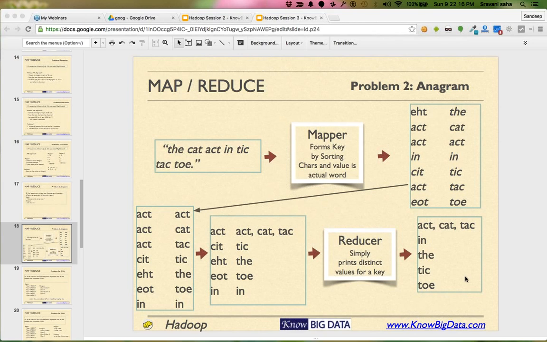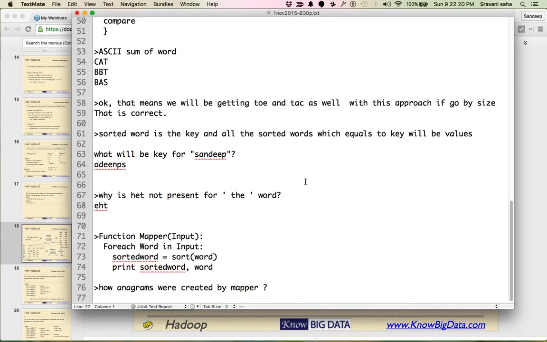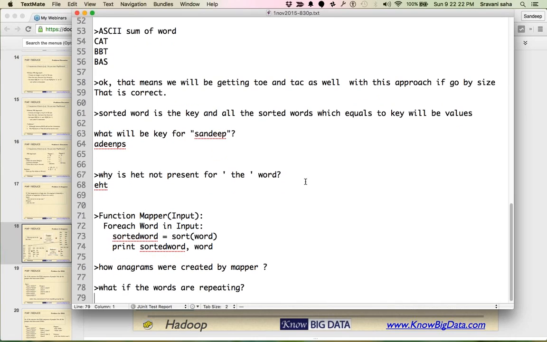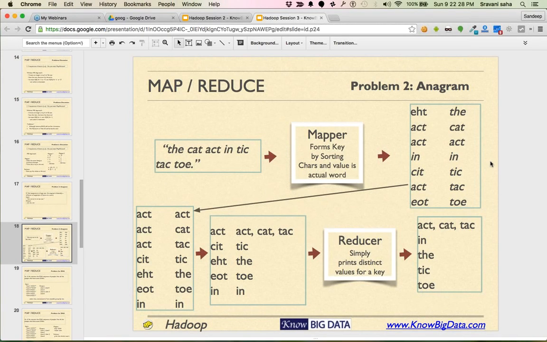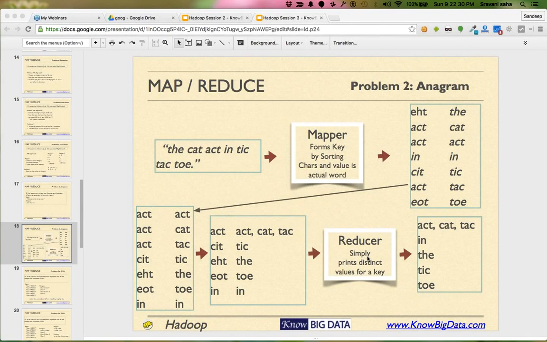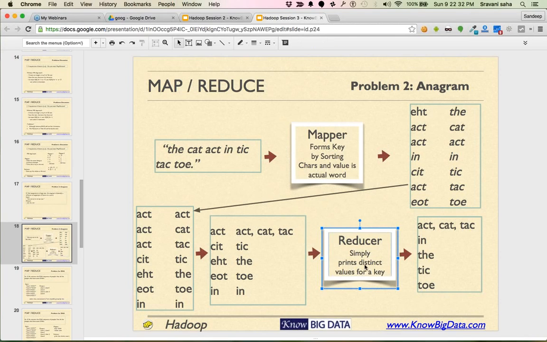Now there is one interesting question from Veena. What if the words are repeating? Of course, when we did the word count, words were repeating, right? So in the value here, we are saying that the reducer will do the distinct. The problem is, what if there are too many words such as the?